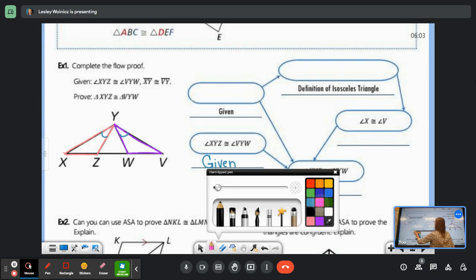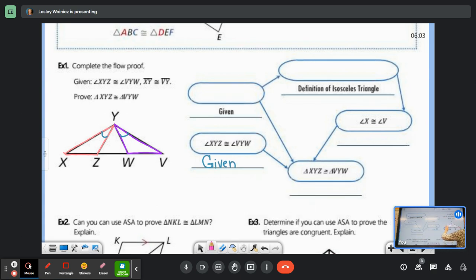Next, I see that segment XY is congruent to segment VY. XY congruent to VY. And I don't see that in the proof yet, and I have another given, so I'm going to put that above the second given. XY is congruent to VY.